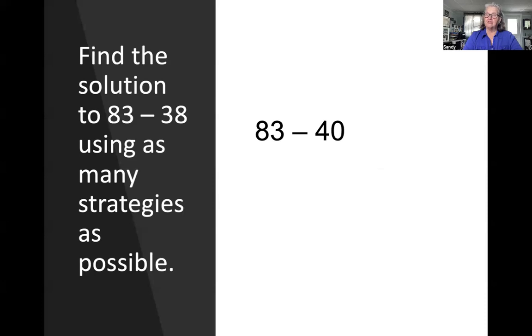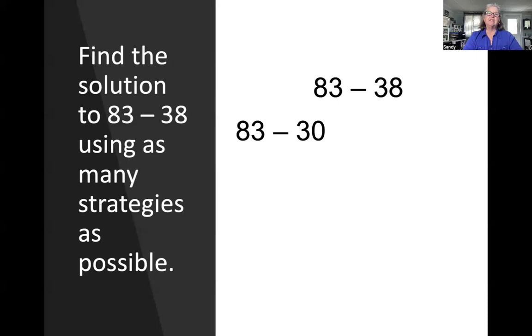Now, another way to think of it. Some children, and this is a great mental strategy, can remove 40 and add 2 back. Paper and pencil is not required. This is a round and adjust strategy. Right? So I remove 40, I get 43, I give 2 back, I adjust back, I add 2 to 43, I get 45. Another one you may see is children thinking of 38 as 30 and 8. They use the place value idea.